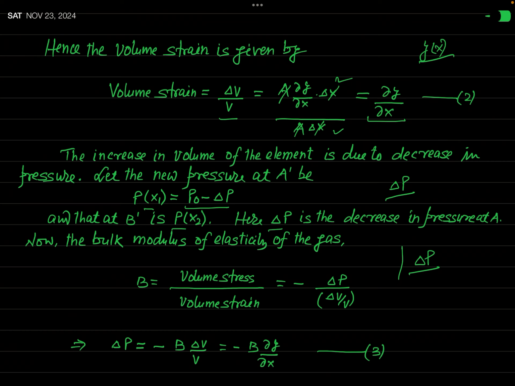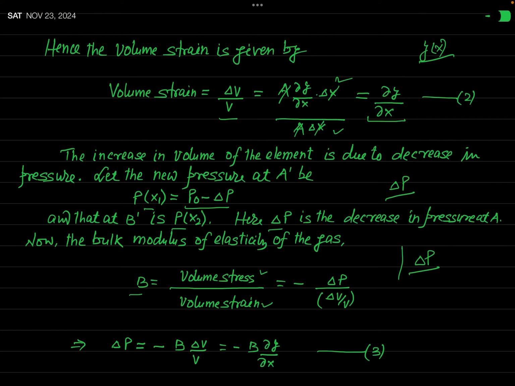If you denote the bulk modulus of elasticity of the gas by the capital symbol B, how is it defined? You know from Hooke's law that B is equal to volume stress or bulk stress divided by volume strain or bulk strain.